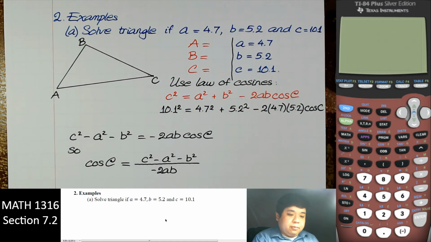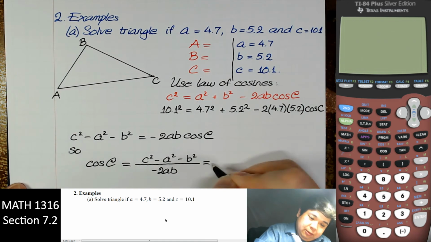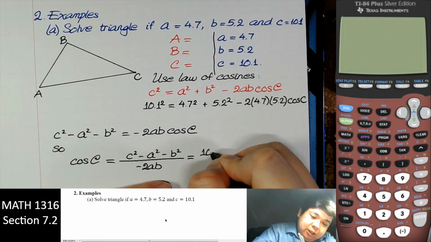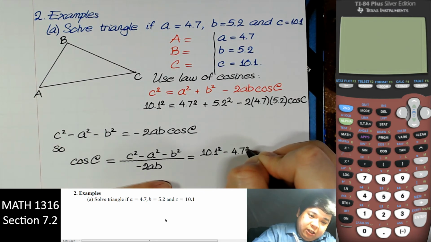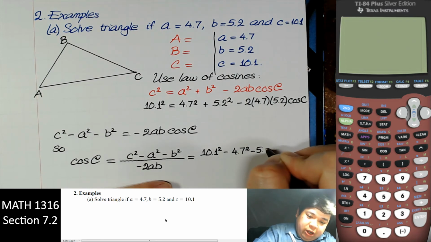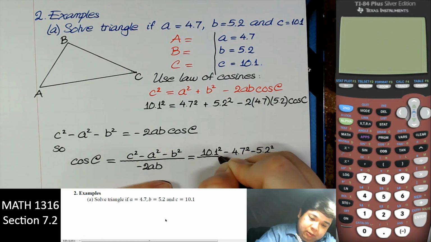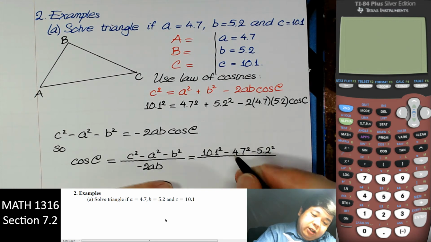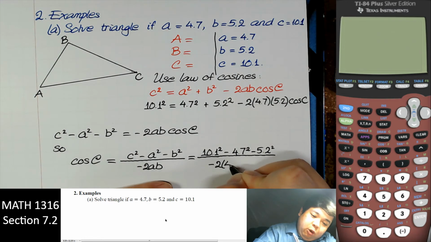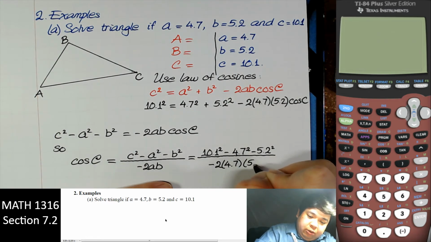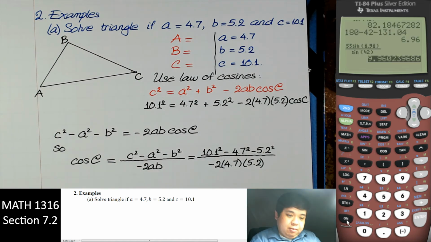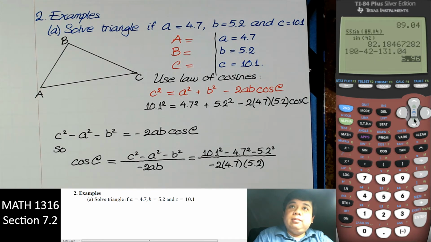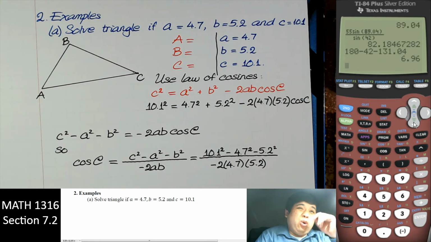Right? And then we can put in the numbers. C squared, 10.1 squared, A squared, 4.7 squared, B squared, 5.2 squared, over negative 2, 4.7, 5.2. Right, I can even do this. We cannot use the lowercase on the calculator, so we can only use the uppercase here.